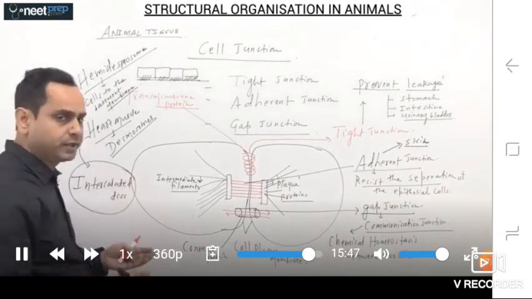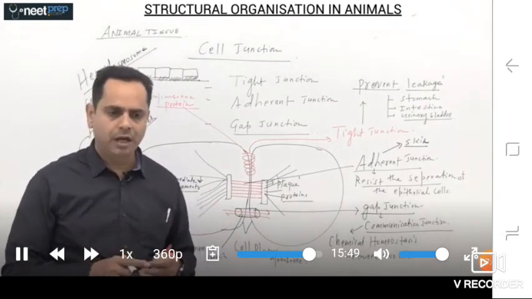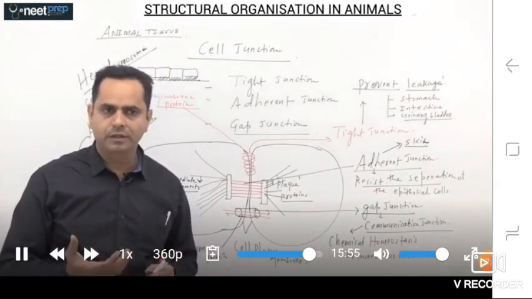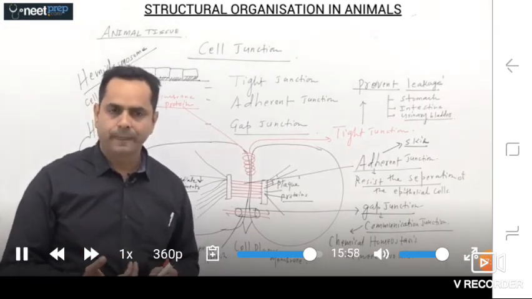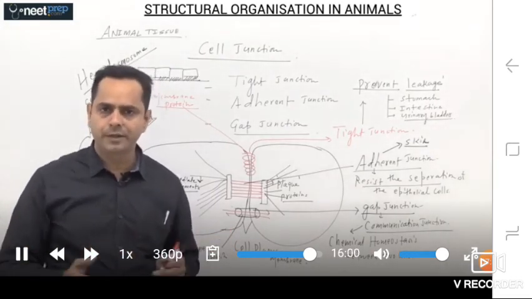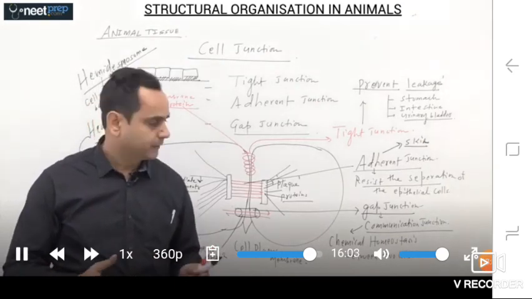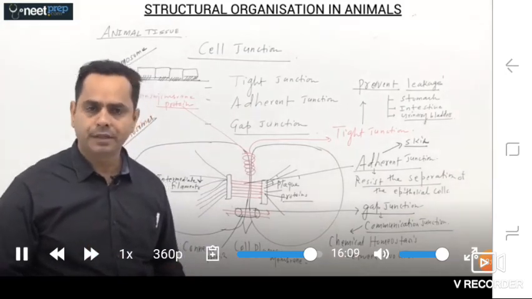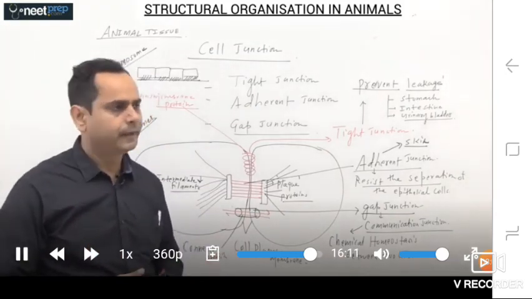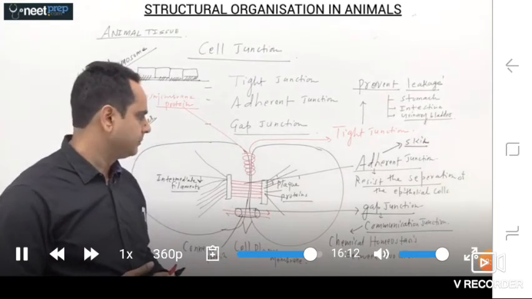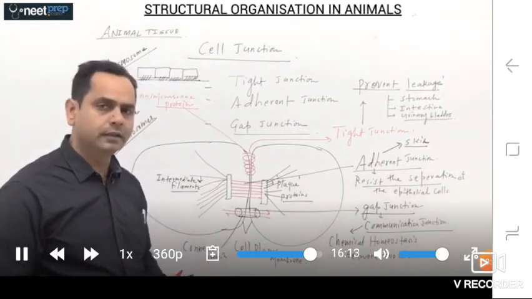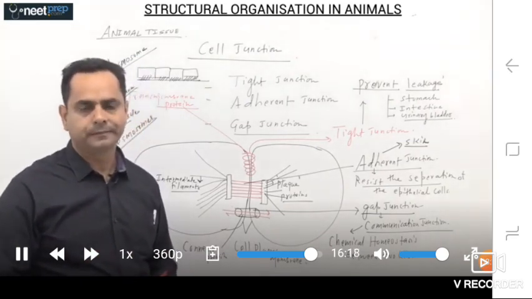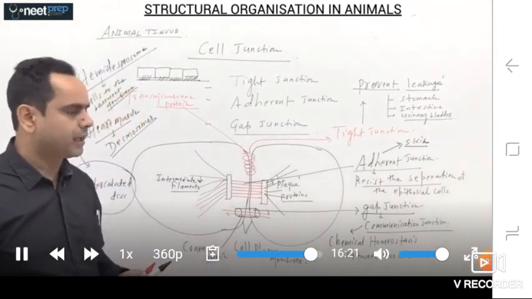This is also a communication junction through which the electrical impulse of a heart muscle fiber is rapidly transferred to all the heart muscle fibers through this gap junction. So remember, the intercalated disc is also an example of gap junction. Basically, gap junction is a communication junction, and that maintains the chemical homeostasis or chemical balance between the neighbor cells. So that is all about the different types of cellular junctions.